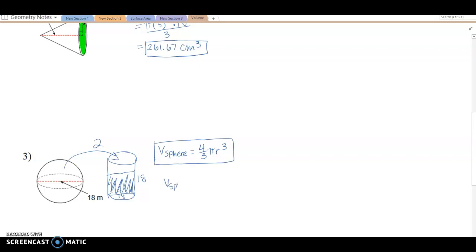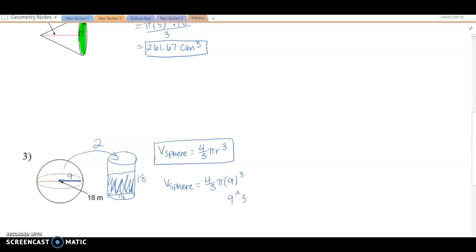And then for this, all you have to do is simply plug in the radius for r. Since the diameter is 18, our radius is half of that, which would be 9 meters. And notice that this is 9 cubed, not squared. So you're taking 9 times 9 times 9, or in your calculator, you can use 9 and then there's a little caret button to the third power.